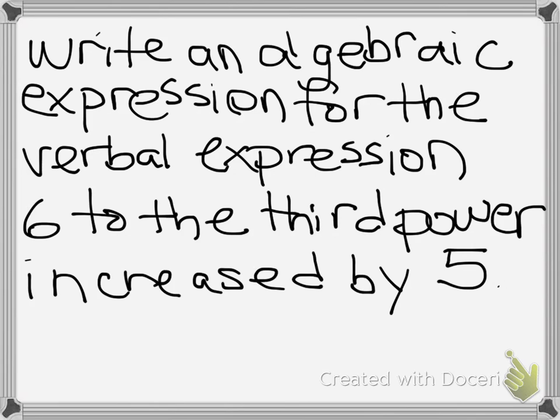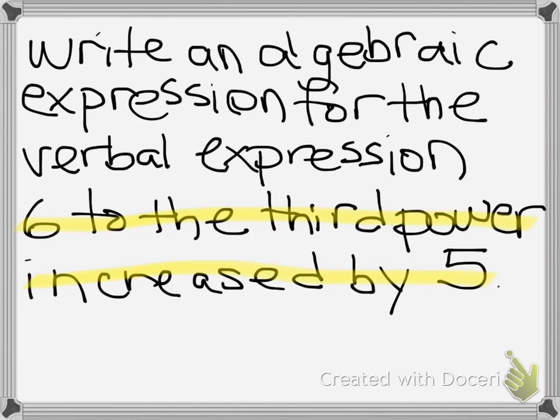Now we're going to do the opposite of what we just did and write out the algebraic expression that represents the expression in words. So this expression, 6 to the 3rd power increased by 5, we're going to be writing out as an algebraic expression. So I'm going to take the number 6.